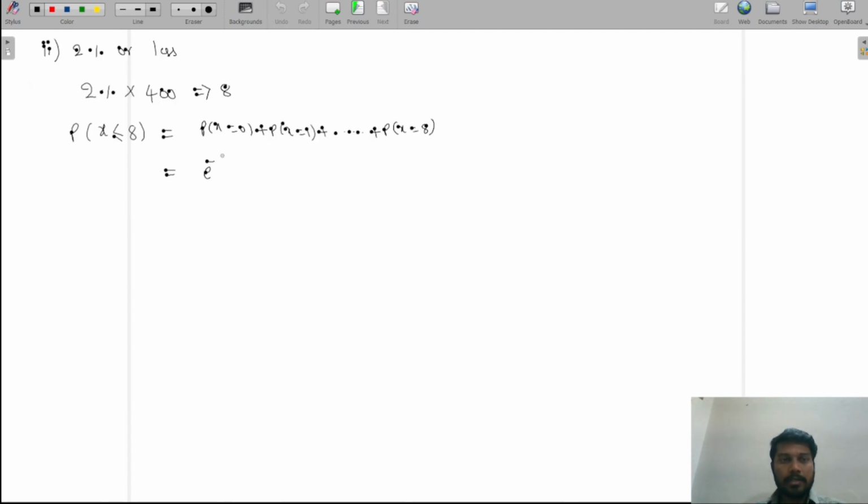Okay, so e to the power minus 8 into 8 to the power of 0 by 0 factorial, plus e to the power minus 8 into 8 to the power of 1 by 1 factorial, plus, so on, at x equal to 8, e to the power of minus 8 into 8 to the power of 8 by 8 factorial. Okay, then by finding the solution, we are getting 0.